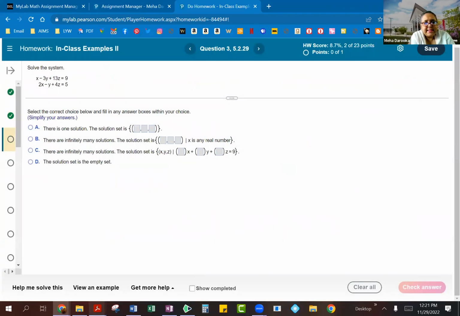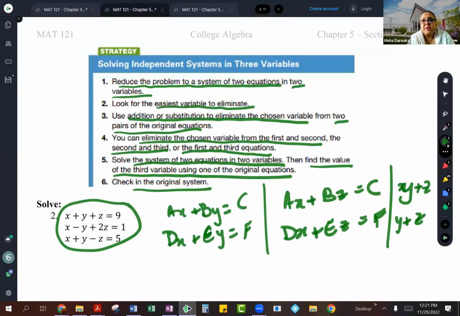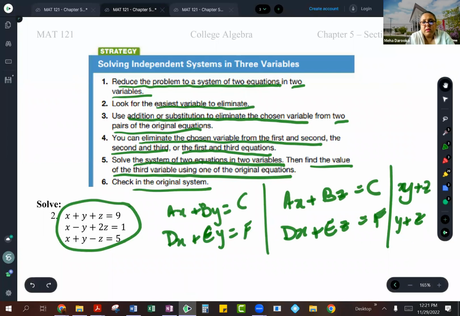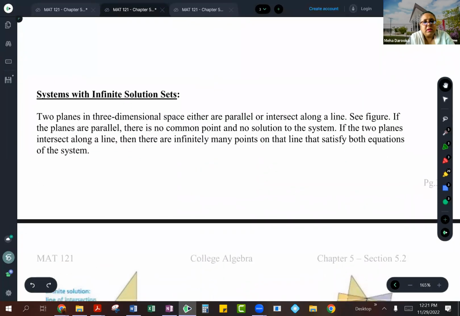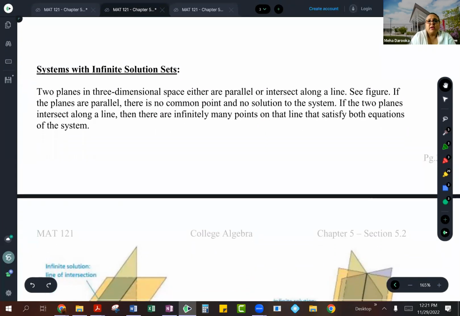Okay, so a slightly different one because you have two equations with 3 variables. So let's get back up here. Here we're talking about what it would look like if you had an infinite number of solutions.